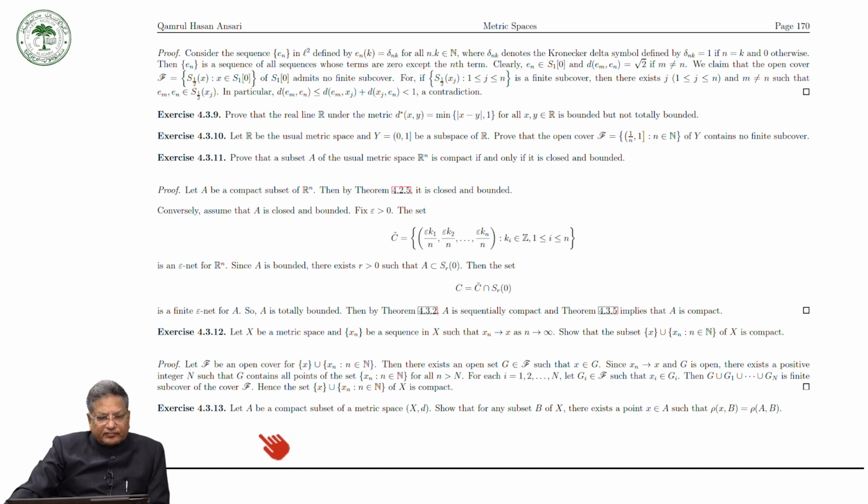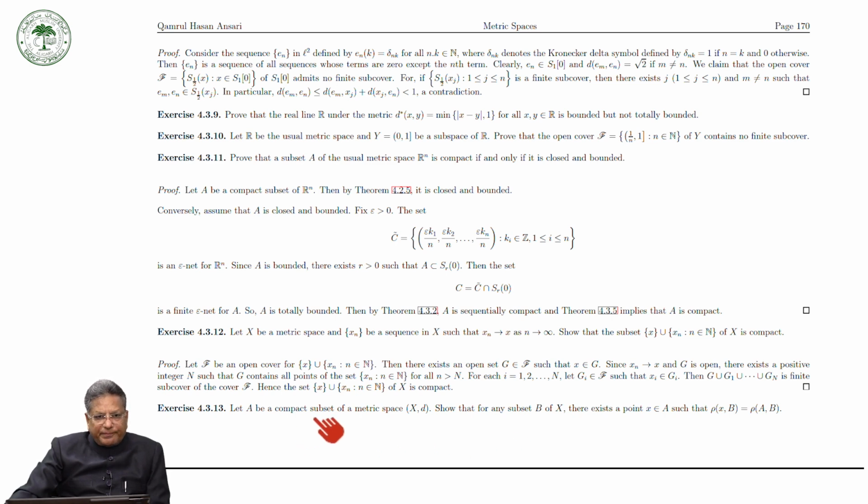Now another exercise says that if A is a compact subset of a metric space X, then for any subset B of X, there exists a point x in A such that the distance between x and B is equal to the distance between A and B. This exercise is very important in the sense that you can treat this as a result.